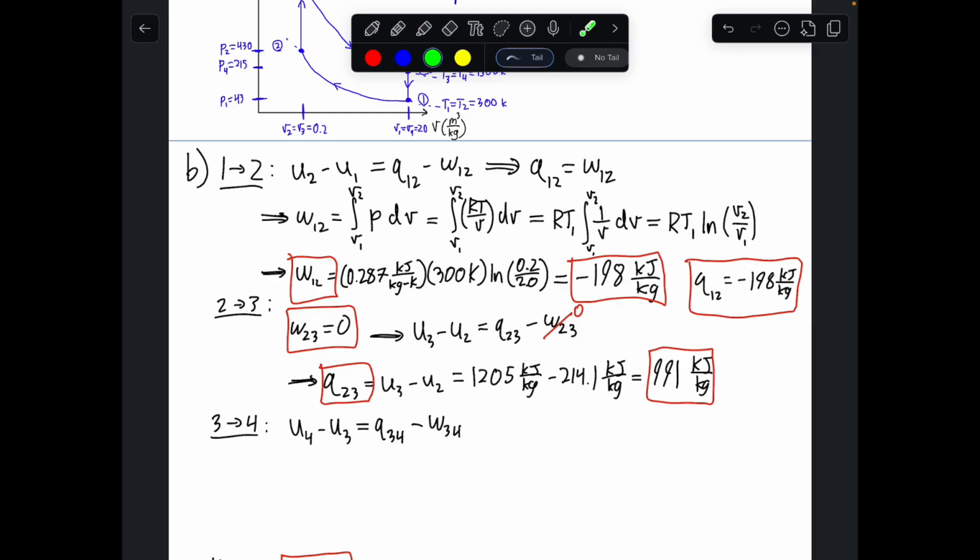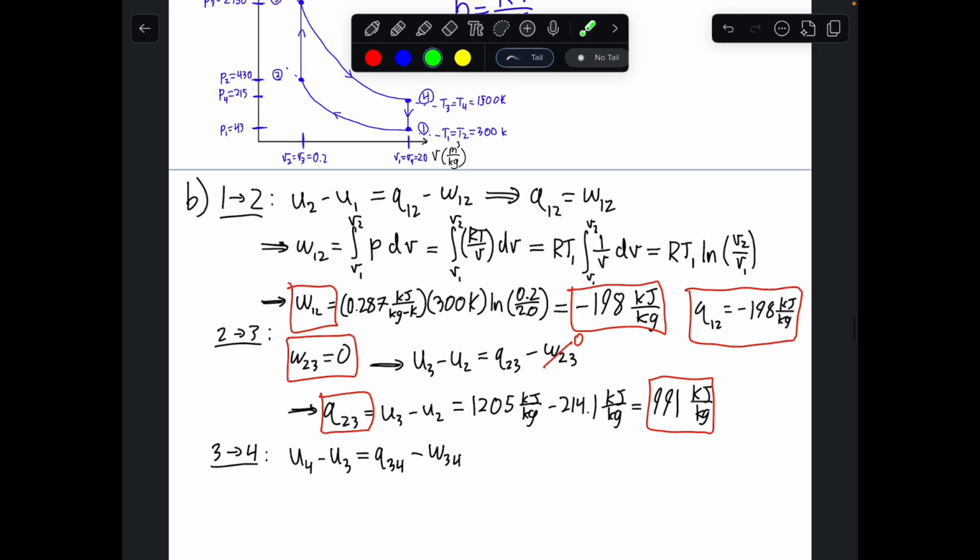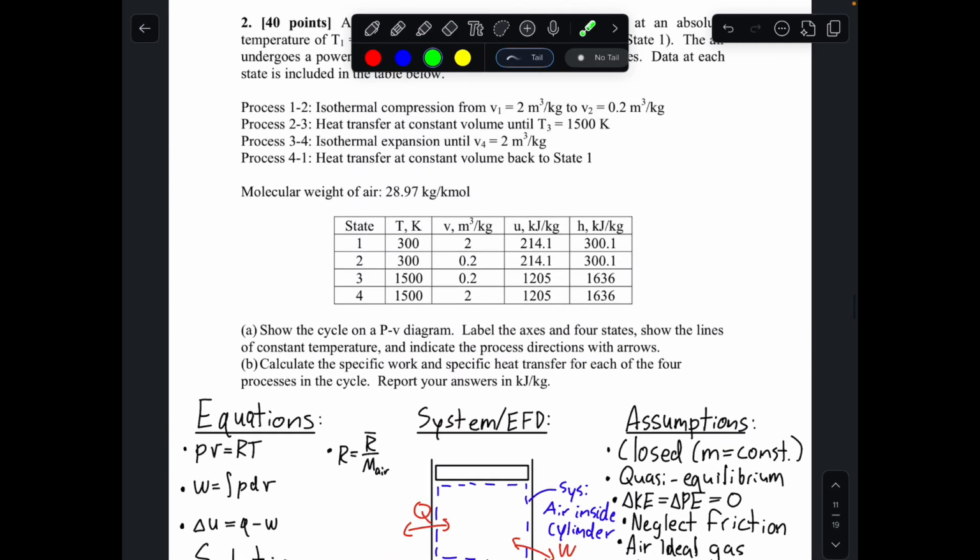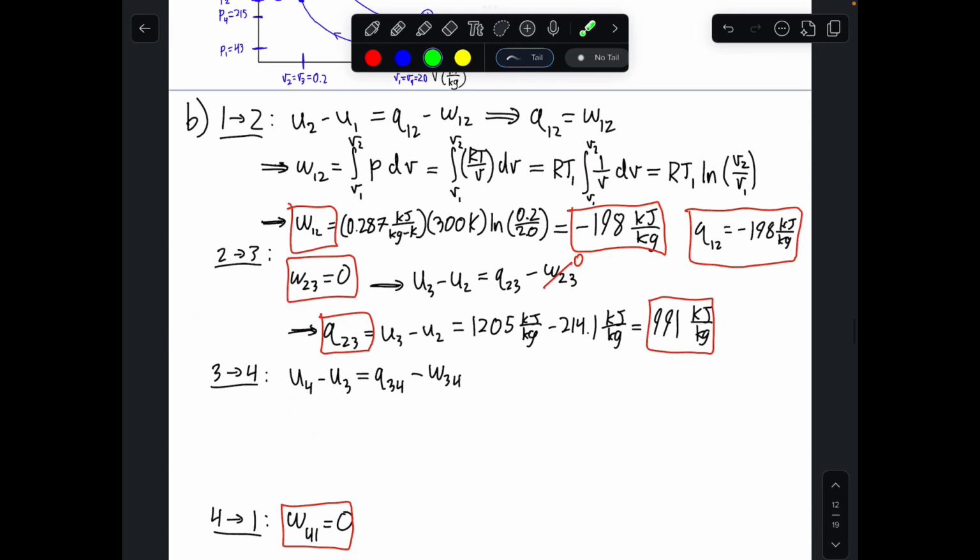And then again, similar to what we had up here for 1 to 2, we see from 3 to 4, we have the same value for internal energy. So there's no change from 3 to 4 in the internal energy. So the left-hand part of our equation is going to cancel out, and it's going to be equal to 0. And what we're going to be left with is our Q from 3 to 4 should be equal to our work from 3 to 4.